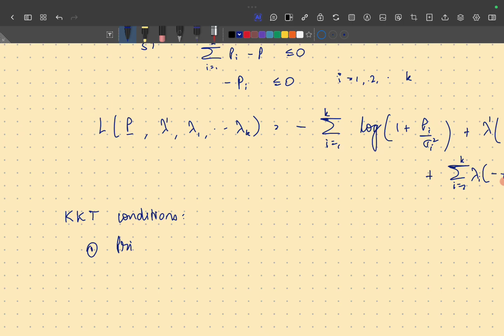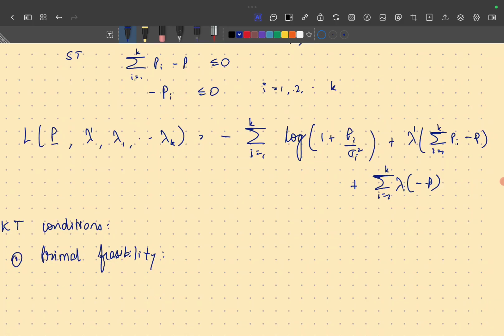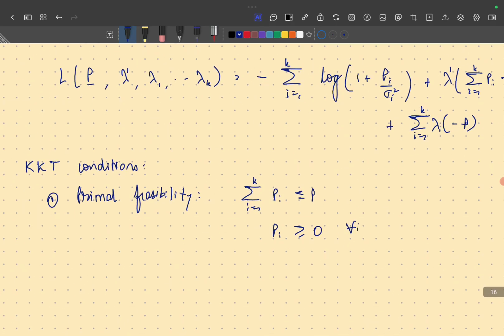First, I have primal feasibility. That's just restating all of the constraints. So summation i equal to 1 through k of p_i should be less than or equal to P, and p_i should be greater than or equal to 0 for all i.